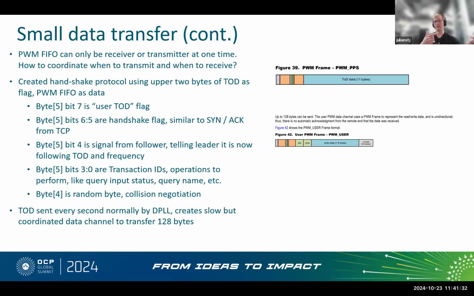So you have a SYN-ACK kind of thing going on, and then a teardown. You go through that ping pong a couple times, do the FIFO transfer, and then do another ping pong to say, okay, I got it, I'm done. So once per second is the answer, but it also takes more time than that to do the overall transfer.